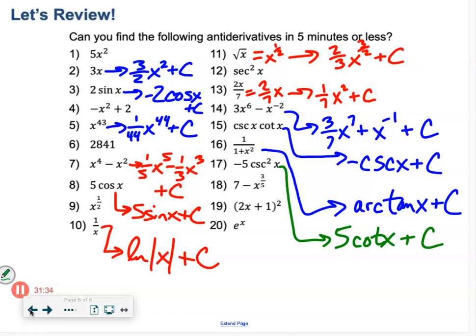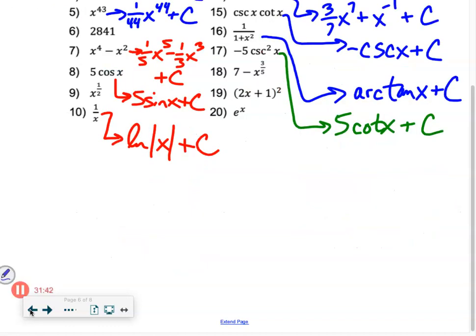And the last one we have to do is 19. So 19, I'm going to write this out using proper notation. 19 is the integral of 2x plus 1 squared. Let's just make sure you all understand something. There is no product rule, no quotient rule, and no chain rule for integrals.